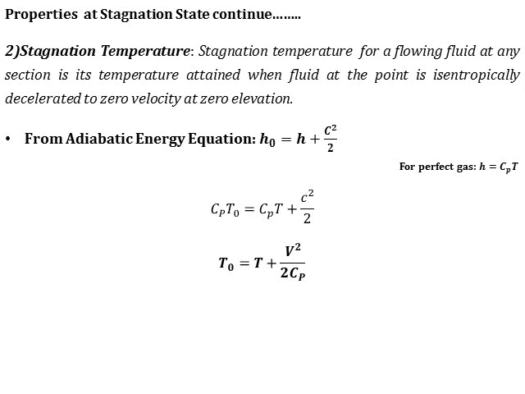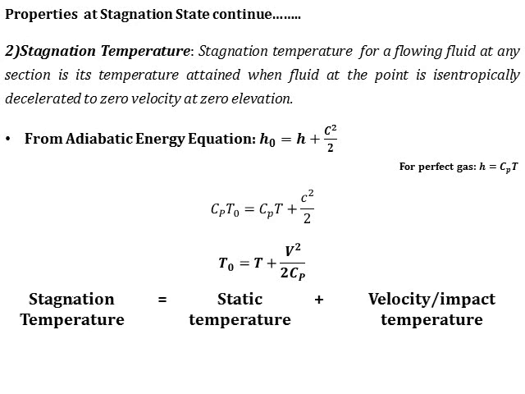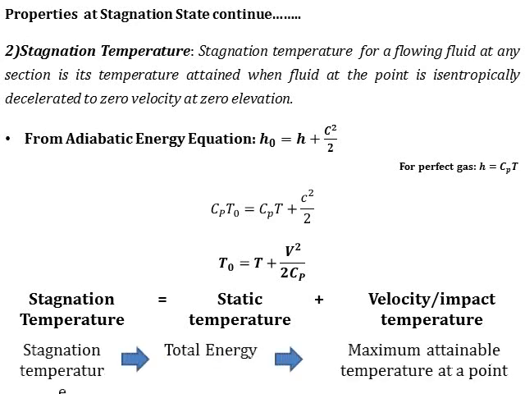And this value is known as velocity temperature or impact temperature. Please note that T0, that is the stagnation temperature, corresponds to the stagnation state, which is also the state of total energy. Hence, this is the maximum attainable temperature at any particular point in the flow field.